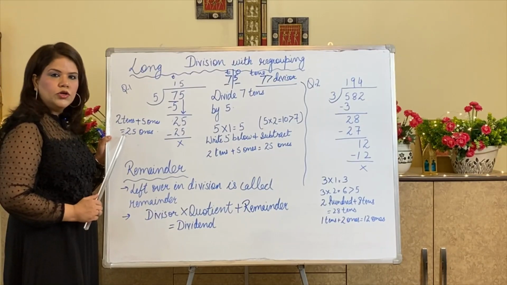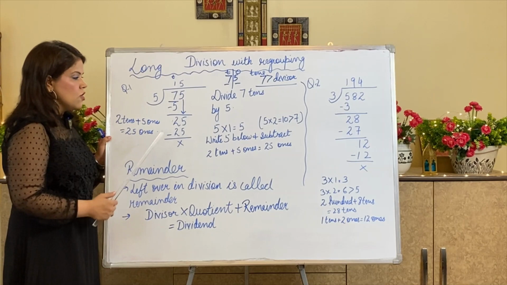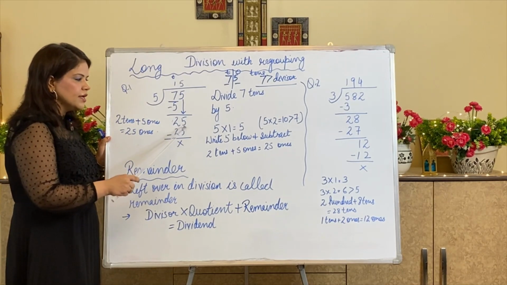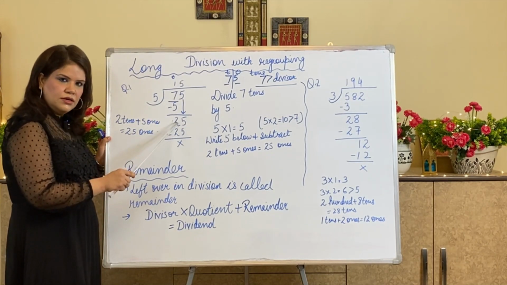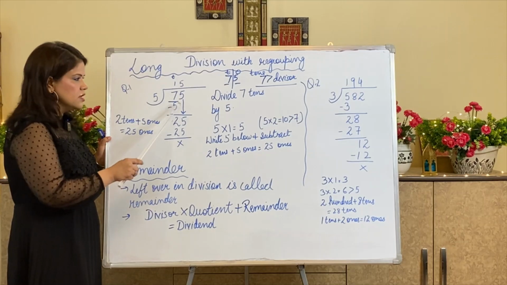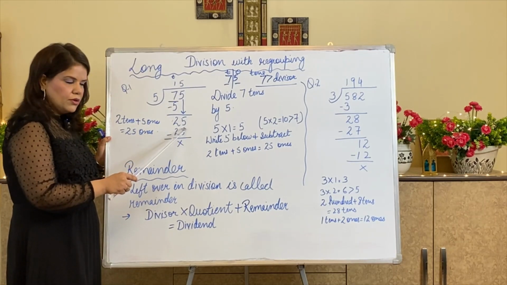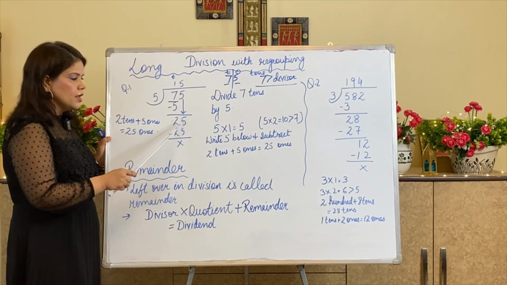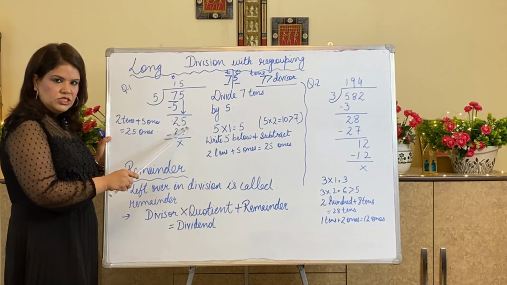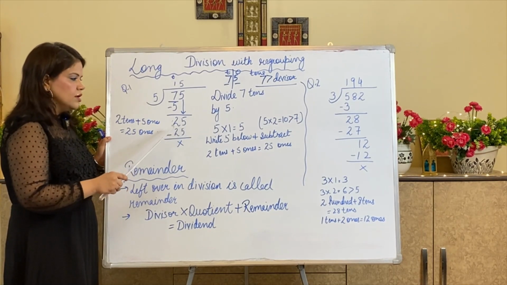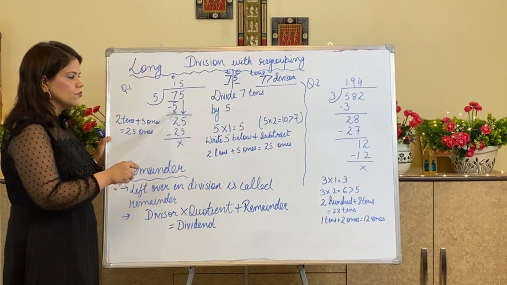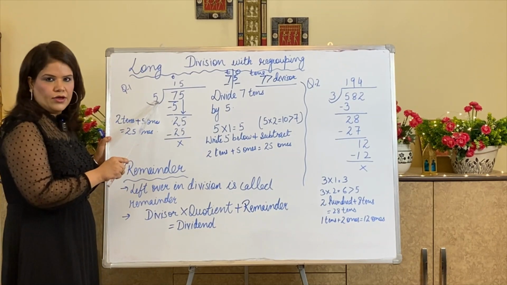So we have got 25 ones, which I am going to write here. This 2 is the leftover from the tens. 5 has come from this place to here. We bring the ones digit down every time. So now I have to check this in the table of 5.